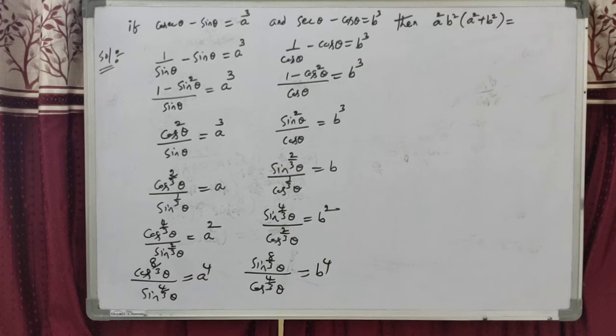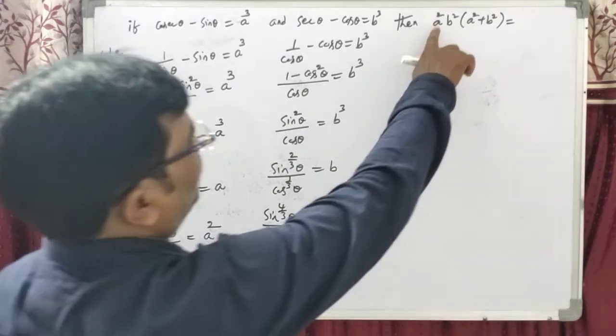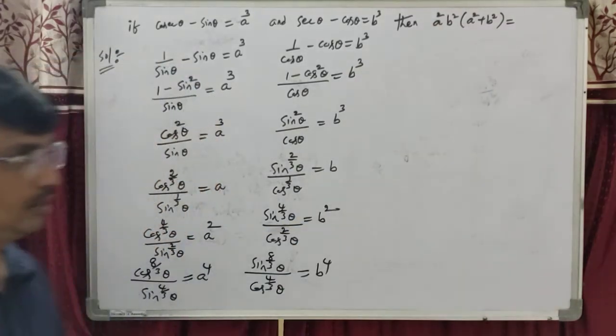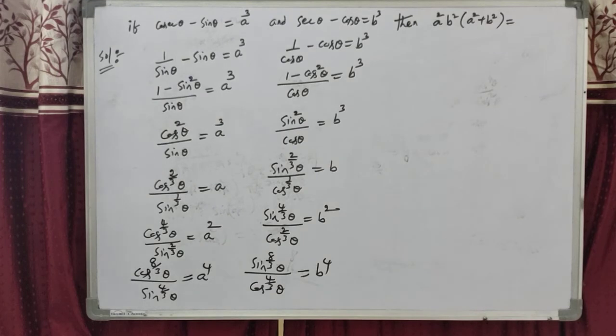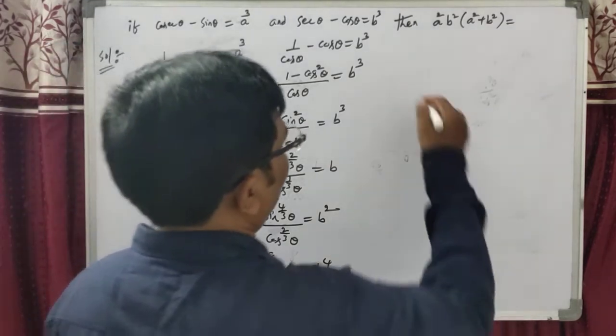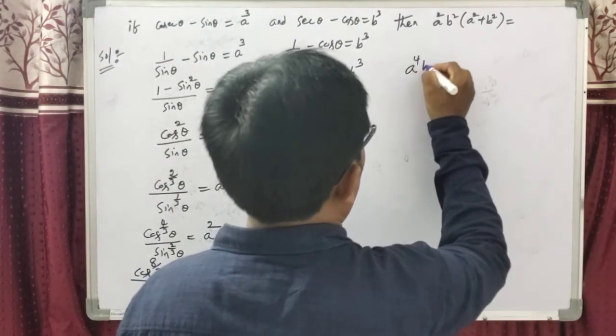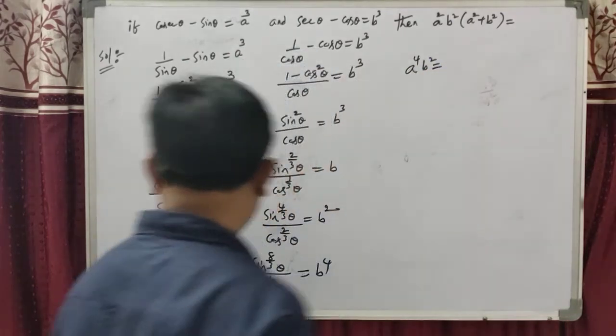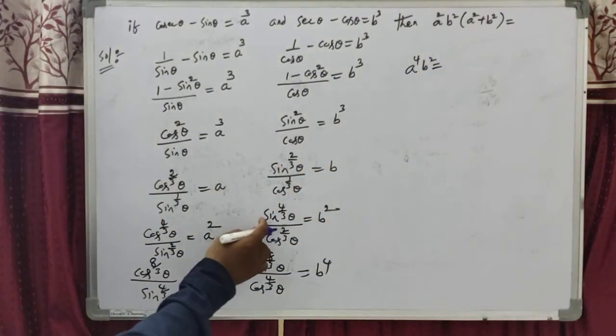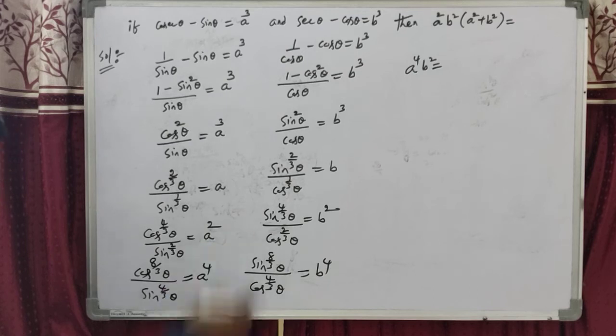Now students, we have a power 4 and b square. What is a power 4 b square? Dear students, first we find a power 4 b square, the product of this. How to write it?